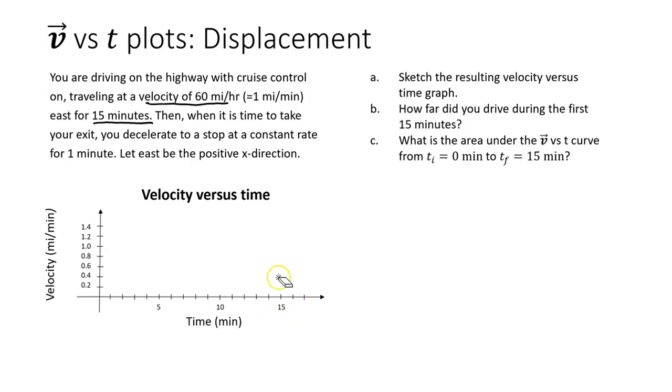So up until, I'll just draw a little star, up until t equals 15 minutes, we're traveling at constant velocity, which means that I would be expecting a horizontal line right at my velocity of 60 miles per hour, which in terms of miles per minute is 1 mile per minute. That's what I have as the units of my graph here. So I would expect a straight line at 1 mile per minute. Okay, so that's the first part.